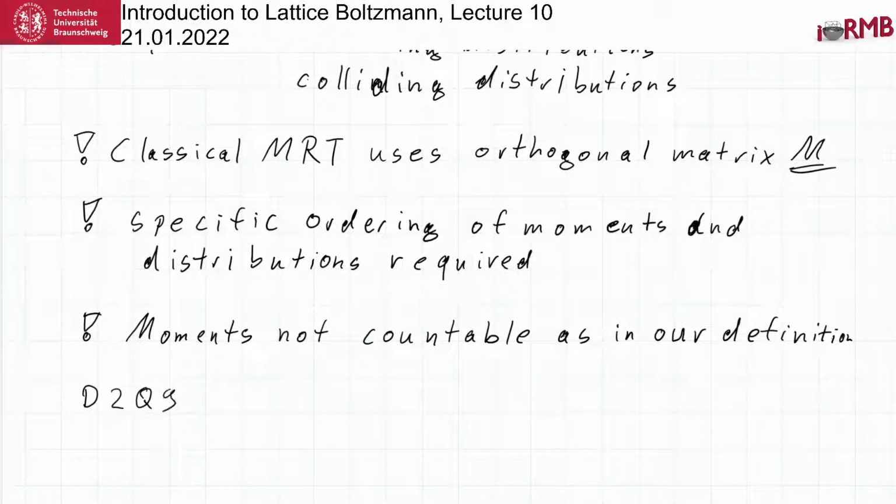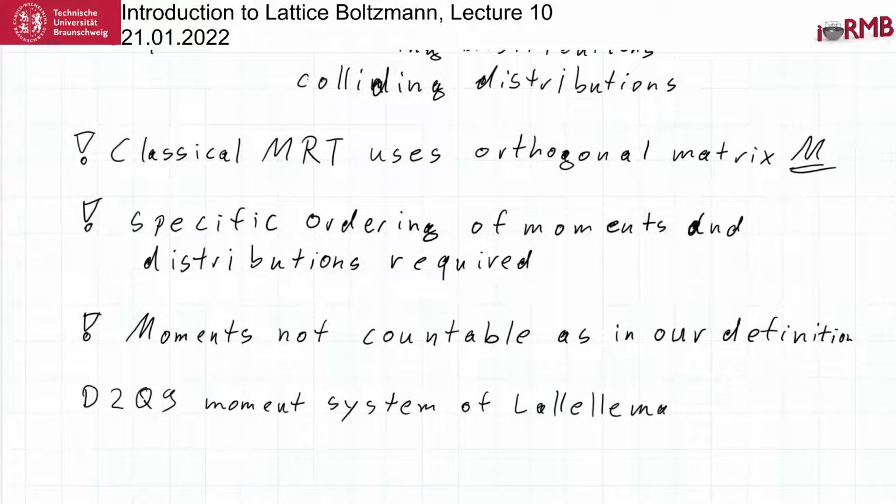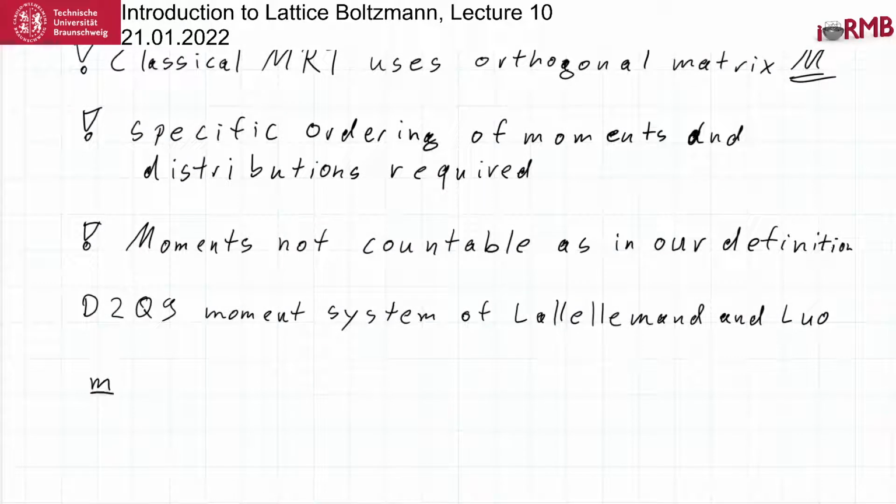The D2Q9 moment system of Lallemand and Luo. Of course this is pretty arbitrary, but this is the way they did it. So M consists of the following. There's of course 9 moments, and the first one is the density rho. Then there's a thing called E. Then there's a thing called epsilon.